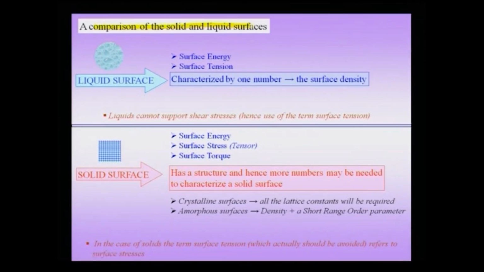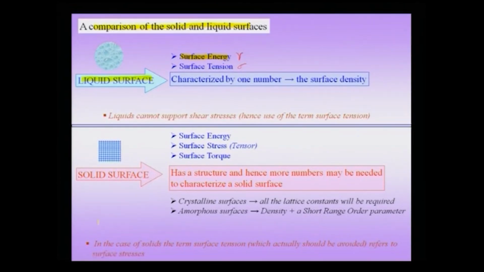When I want to characterize a liquid surface, I have a few parameters which I need to specify. I need to specify the two quantities we just dealt with: the surface energy, which we have given a symbol gamma, and the surface tension, which I had given a symbol sigma. Essentially you are also characterizing the surface structure itself.